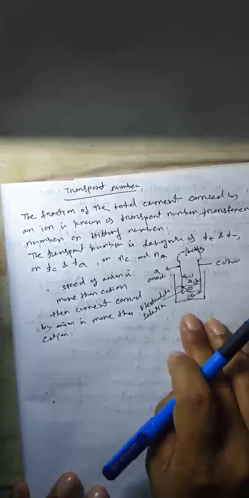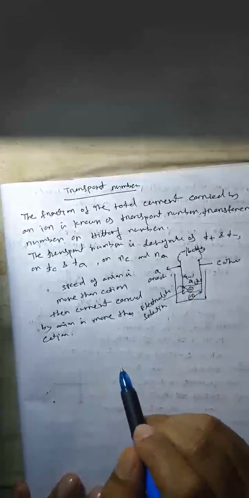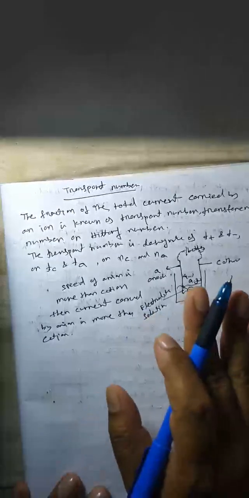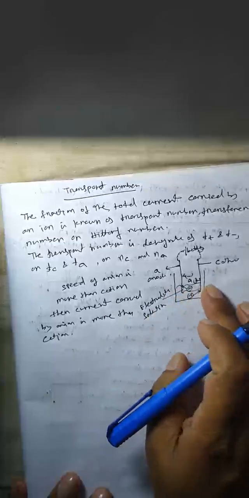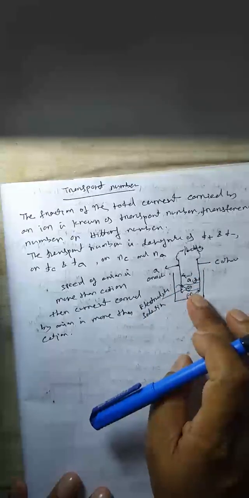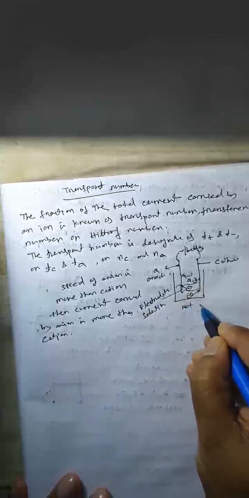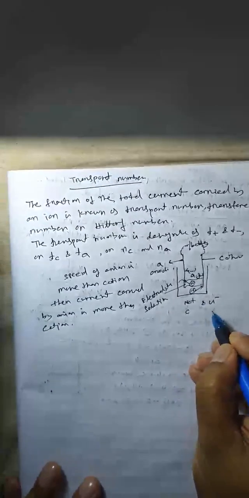Suppose we consider sodium chloride solution. Sodium chloride is a strong electrolyte and undergoes 100% ionization. Suppose we take 50 ml water and add 5 gram sodium chloride; all the sodium chloride ionizes and is converted into Na plus and Cl minus. Na plus is called the cation, Cl minus is called the anion.